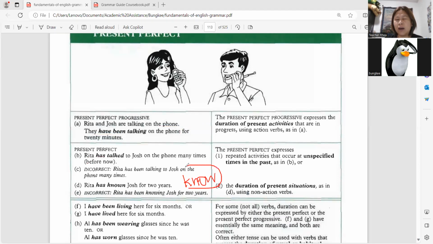Action, non-action verb. These are verbs that don't express action. Like you know, right? You don't need action. You don't move. The same as when you look happy. You look happy today.